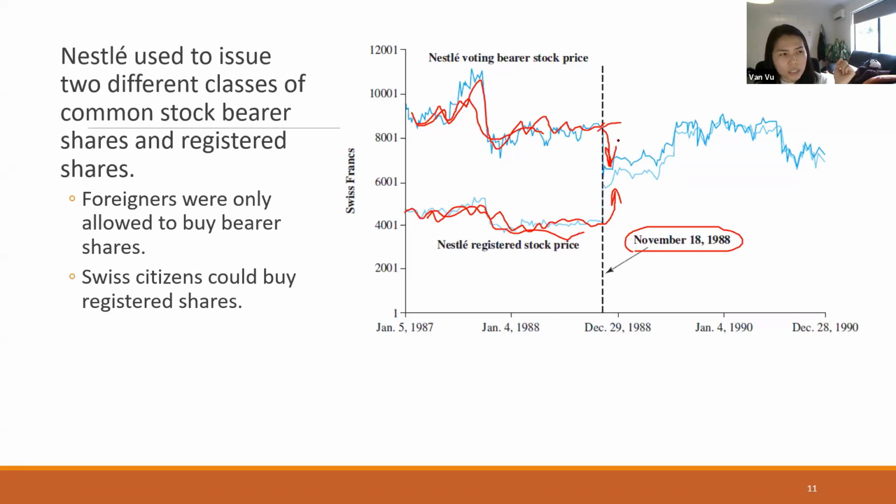So what is the implication of this regulation for a foreign investor in Nestle stocks? If I am a foreign investor and I hold a Nestle stock before 1988, would I be happy about this regulation?